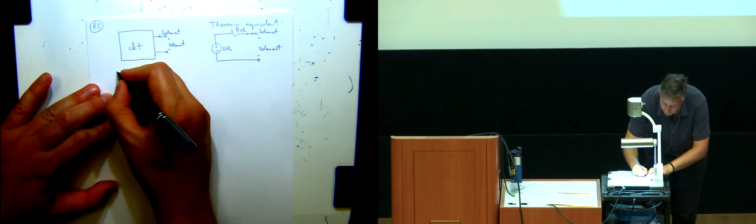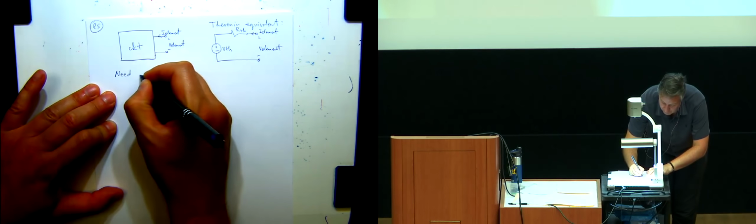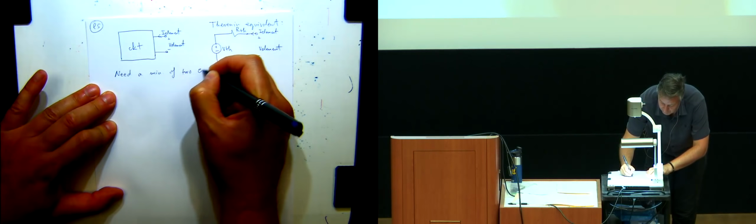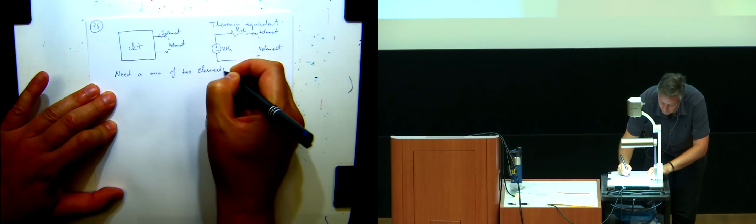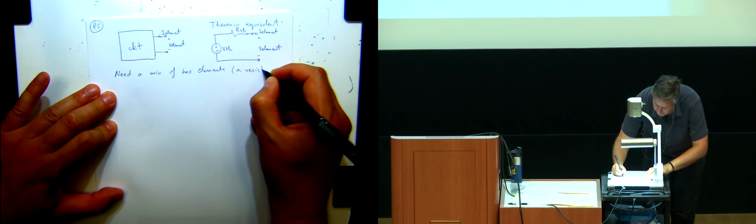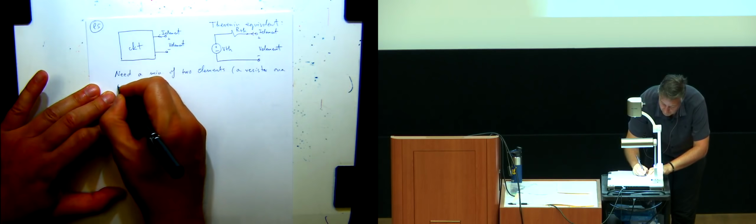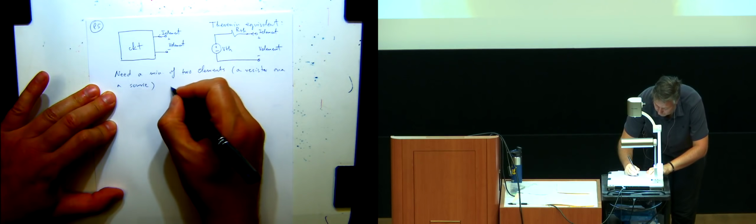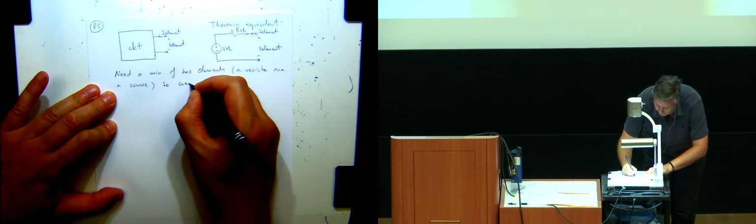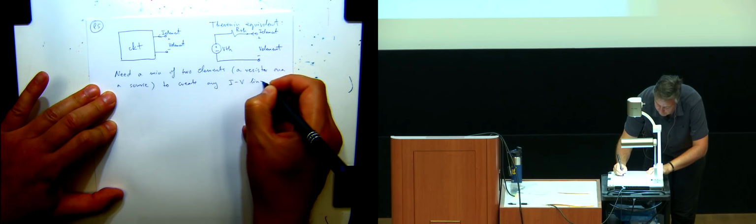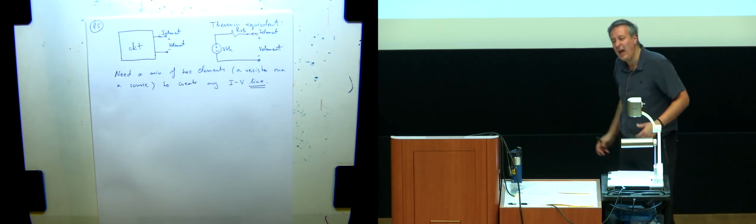So, essentially, we need a minimum of 2 elements, a resistor and a source, to create any IV line. Now notice, the emphasis is on line, right?